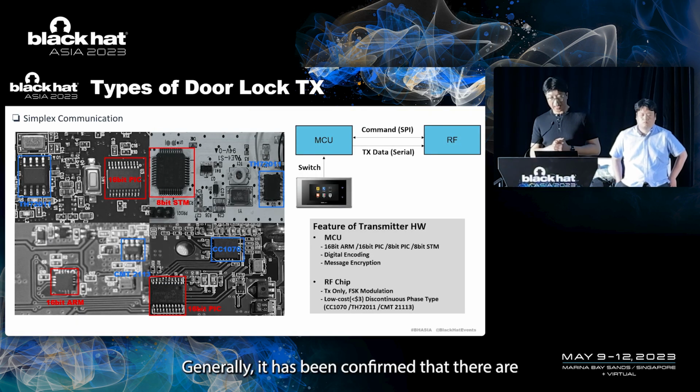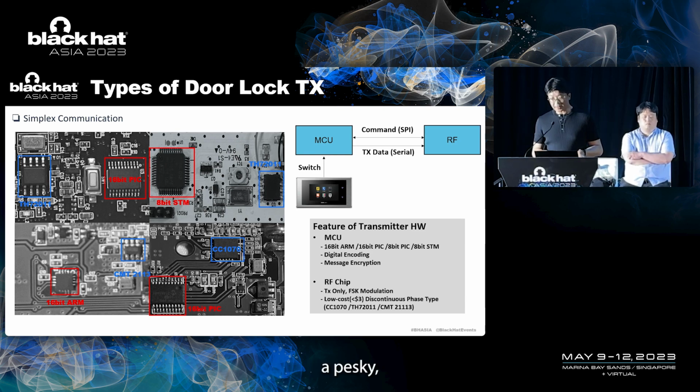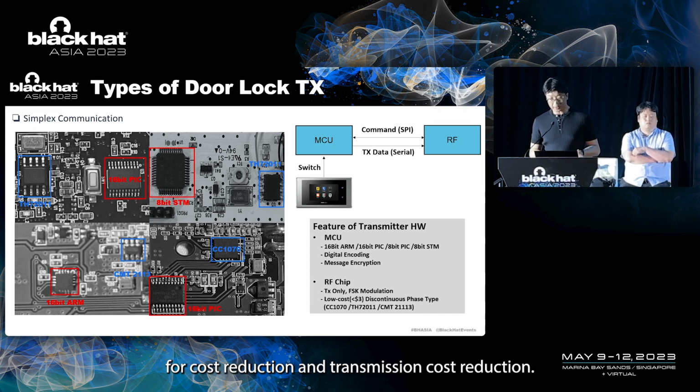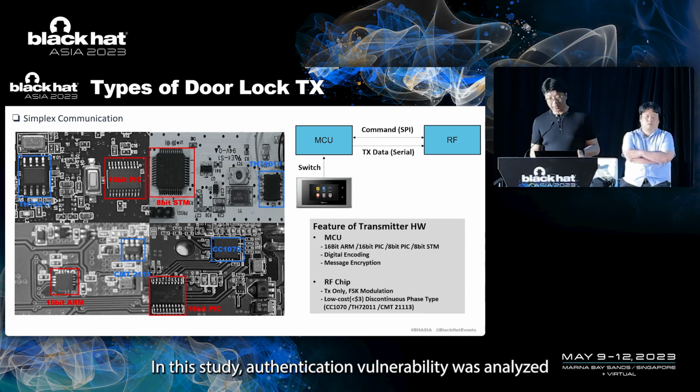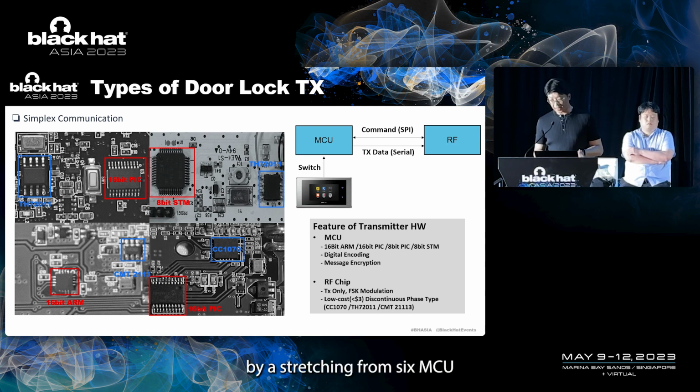Generally, it has been confirmed that the FSK RF chip is mainly used for cost reduction and transmission cost reduction in door lock implementation. In this study, authentication vulnerability was analyzed by extracting from the TX MCU.